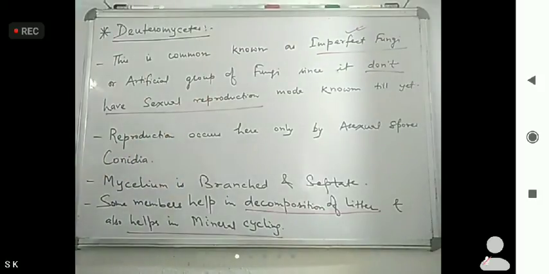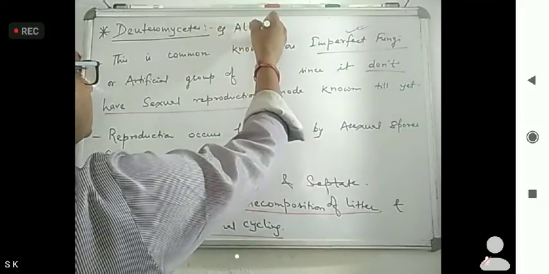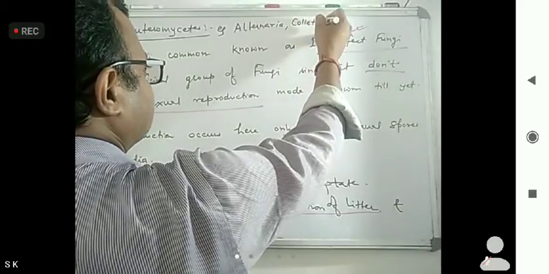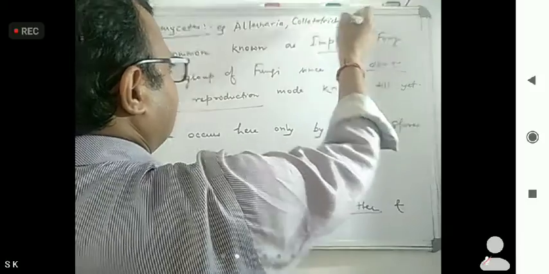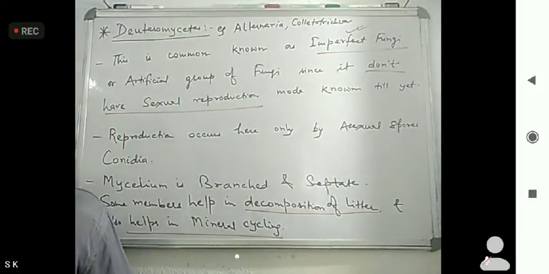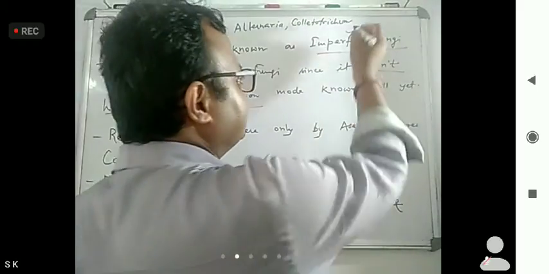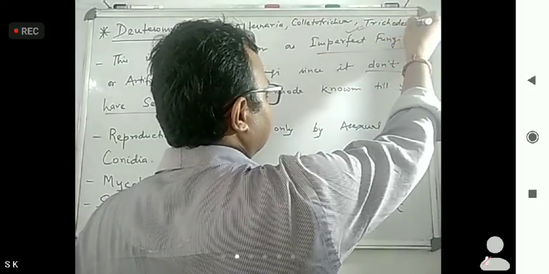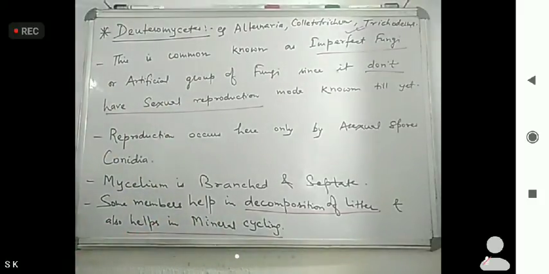So for example, Alternaria, Colletotrichum. Okay, so Alternaria, Colletotrichum, or what we can say, Trichoderma is there. Okay, so these are having what?